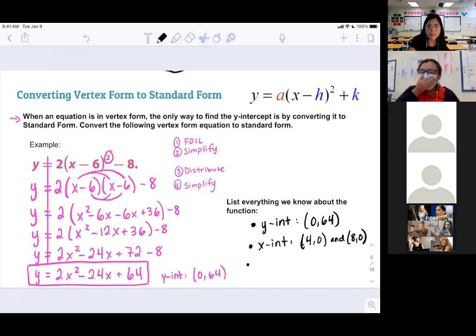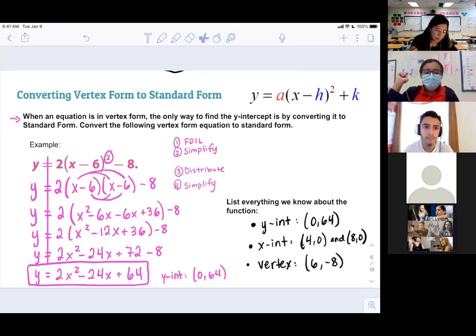And what's the last thing I know? The vertex. Where is the vertex? 6 comma negative 8. Nice job.